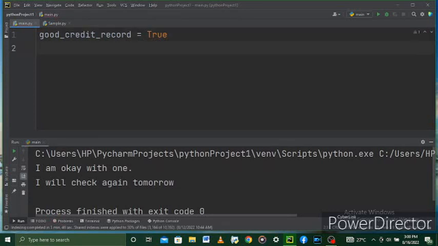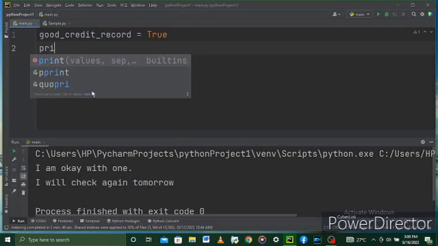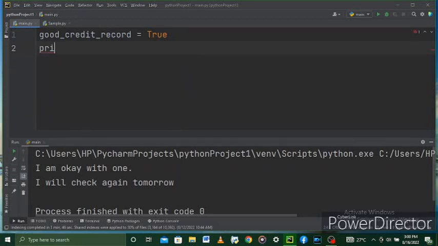Okay, so that's one. Then the next one is the price of the house. Price of the house is about $20,000. So the next thing to do here is we'll give our conditions.